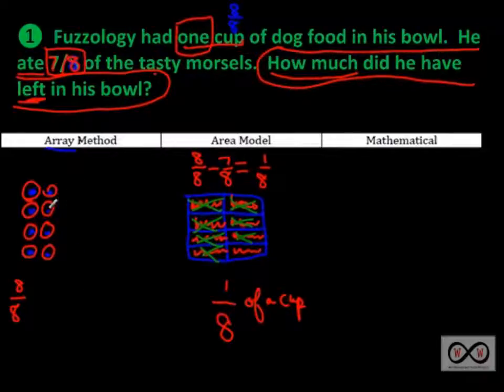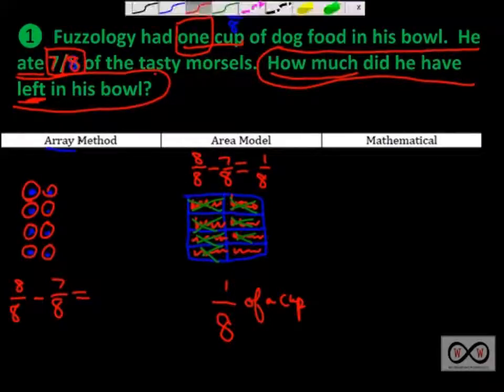7/8 of that full cup. Now we're going to take away or subtract 7/8, and we'll see what we got. We'll have a similar strategy. We'll go through and remove an eighth at a time. So there's 1 out of 8, 2 out of 8, 3 out of 8, 4 out of 8. And remember, Fuzzology ate 7 out of 8, or 7/8 of a cup.